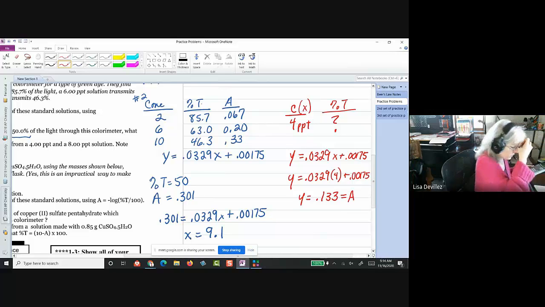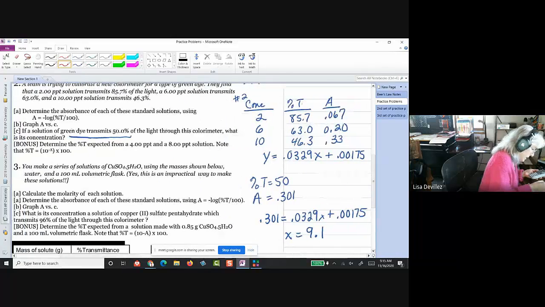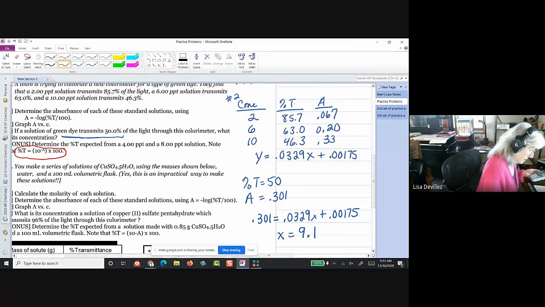Now we want to go from absorbance back to transmission, so we're essentially doing the negative inverse log of that.